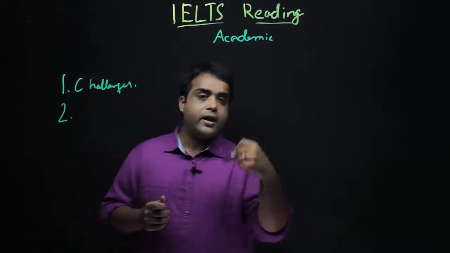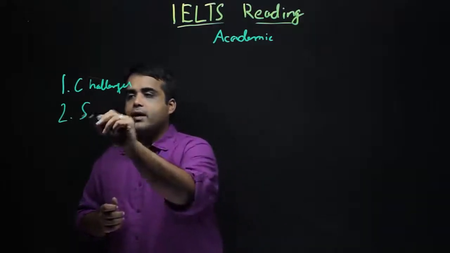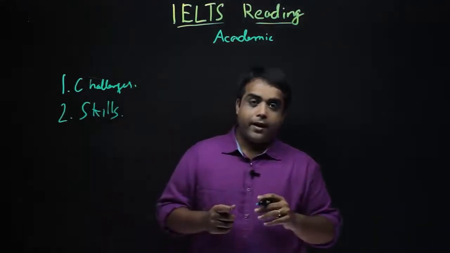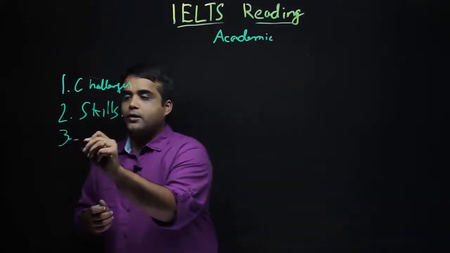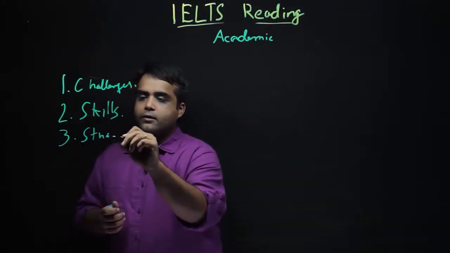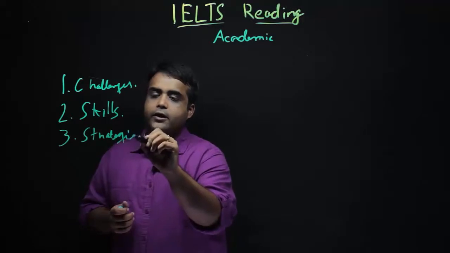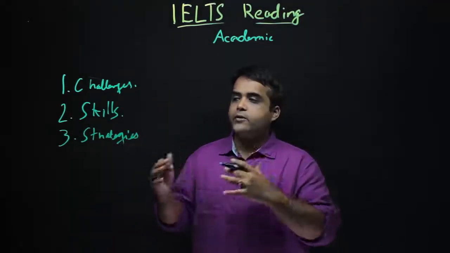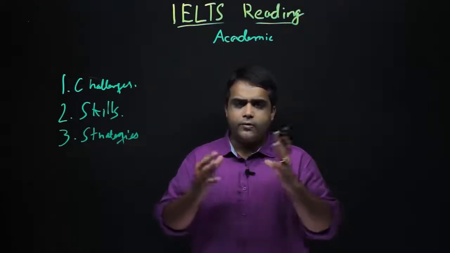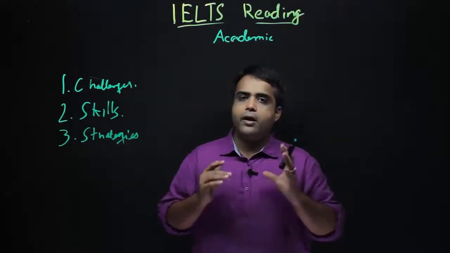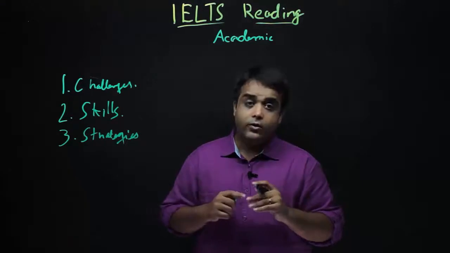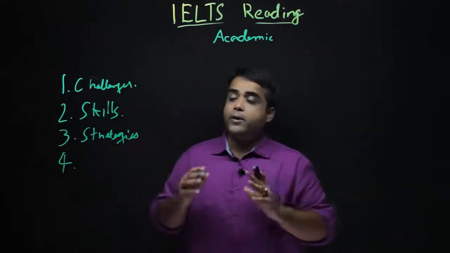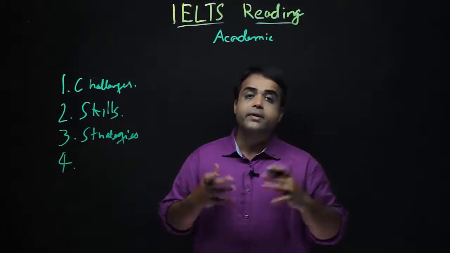Based on the challenges we identify, we will know exactly what skills we are lacking in and what strategies we need to learn to crack these challenges. So a combination of skills and strategies will give us enough preparation backup to tackle this sort of a paper. Fourth, and this is something people more often than not miss out on.